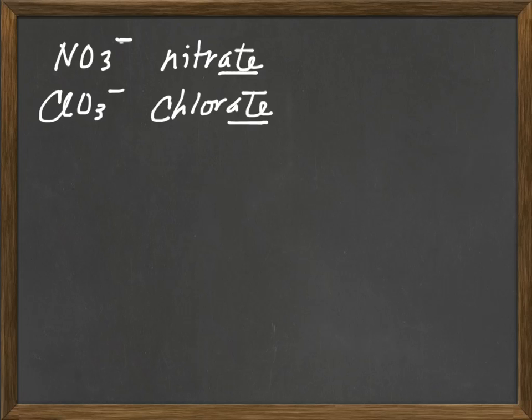And then there are some others that are related. So, let's see. Yeah, I can fit it all on here. So let's put chlorate on here. So there's chlorate. You memorize that one.